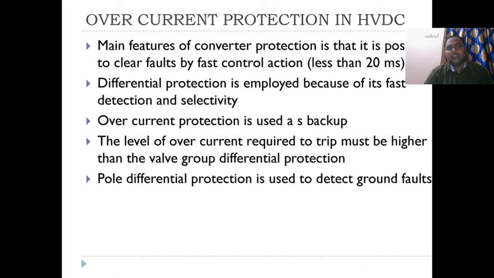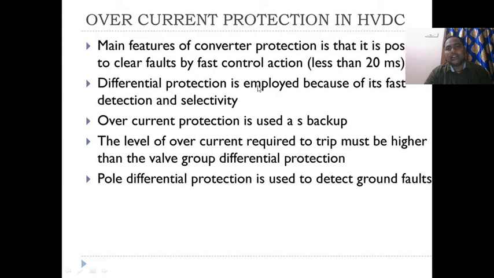In an HVDC system, mainly overvoltage protection and overcurrent protection are needed. The main feature of converter protection is that it is possible to clear faults by fast control action, in less than 20 milliseconds.